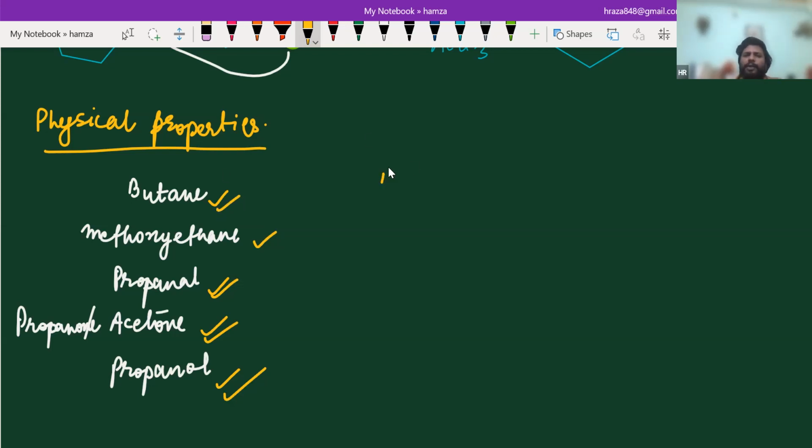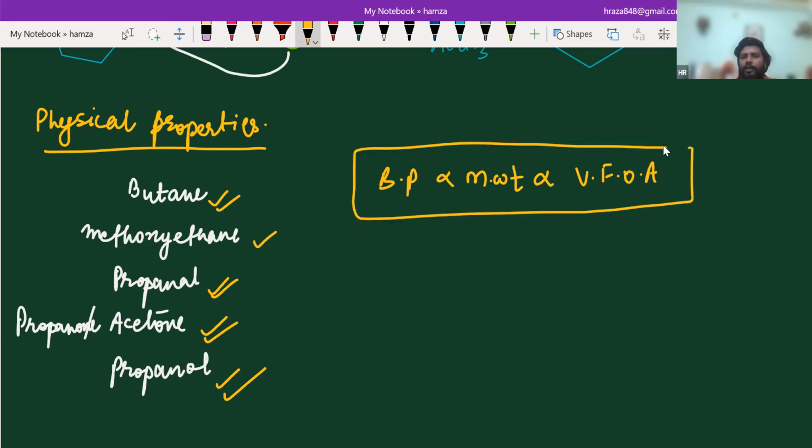Always remember, boiling point is directly proportional to molecular weight. If molecular weight is high, van der Waals force of attraction between the molecules is high. That means we need more energy to break that bond and convert it from liquid state to gaseous state. Is that clear?